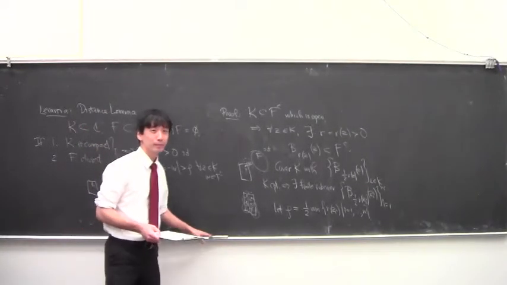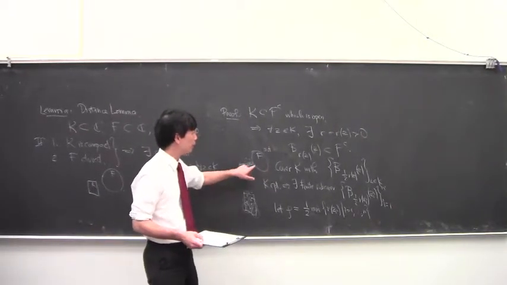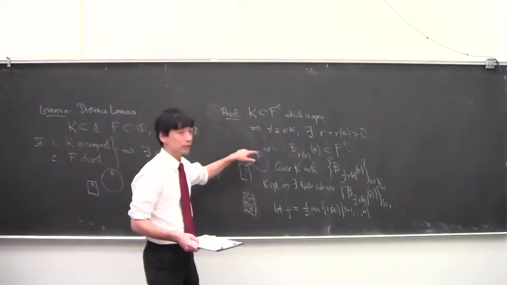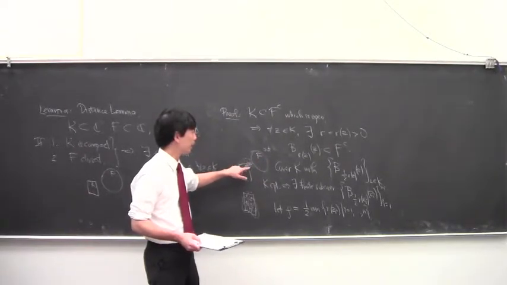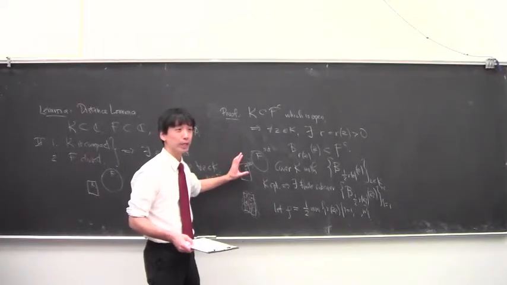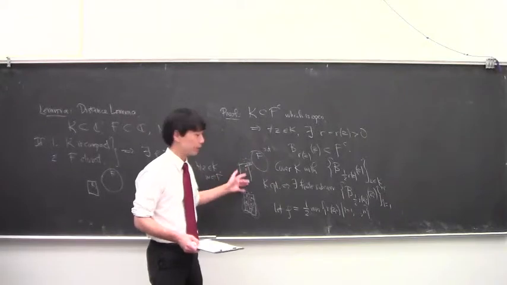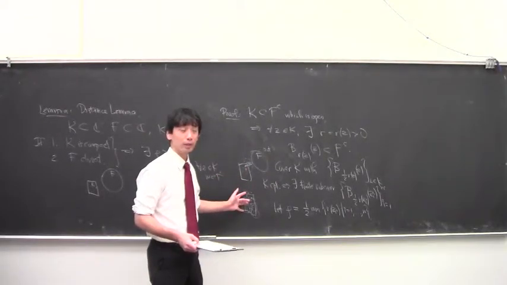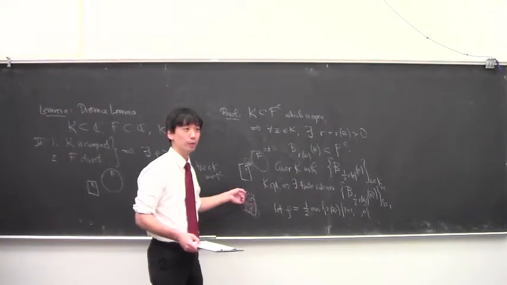Everyone all right? Okay, so the full radius r doesn't intersect F, and instead we take the half radii and cover K with them, and then we use the compactness to take a finite subcover. Then we take the smallest of the half radii as our rho.